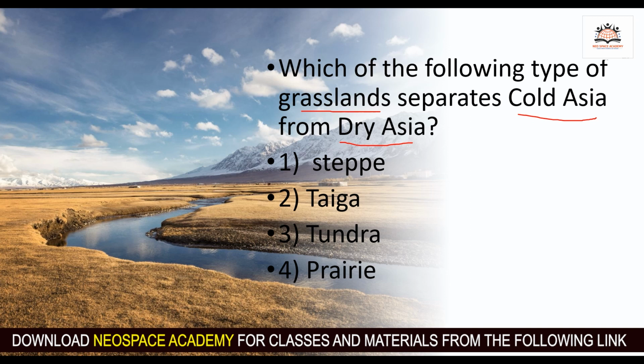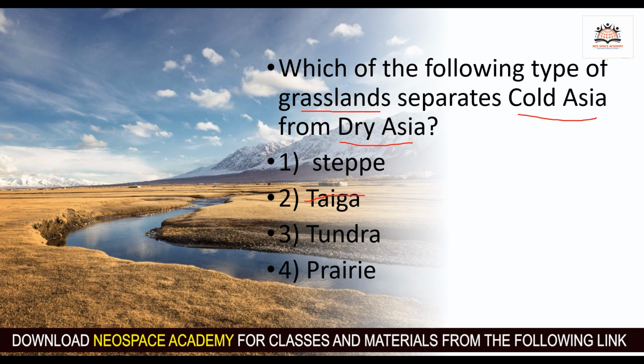Taiga is a kind of forest, which is not a suitable answer. We will be explaining what taiga, tundra, and prairie are, everything. But for now, as it is not a complete class, we are not going to go into such a deep way of understanding everything.